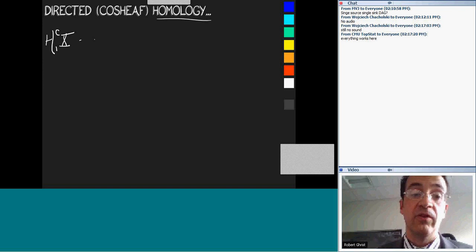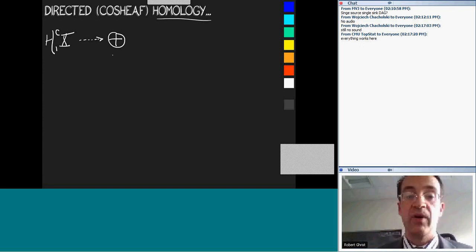So again, what we do is we define H lower 1 to be an equalizer of the following diagram. Over the edges, I take the compactly supported zeroth cohomology of the closure of the edge in the graph.